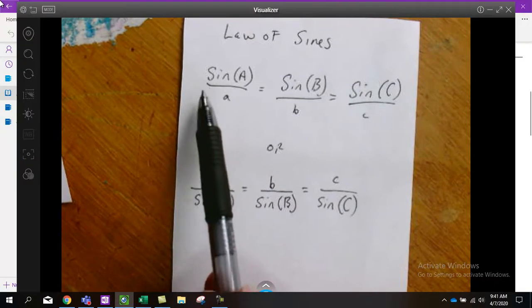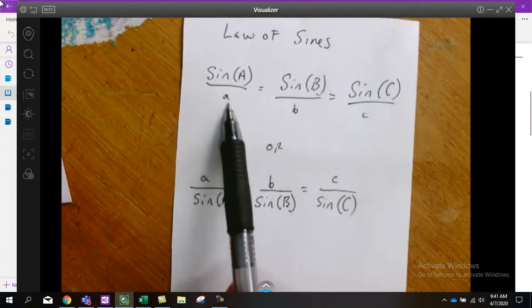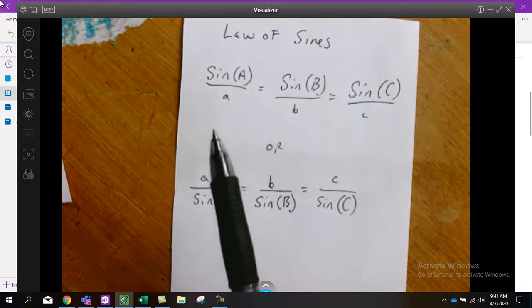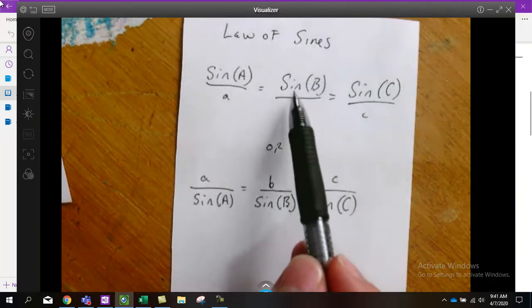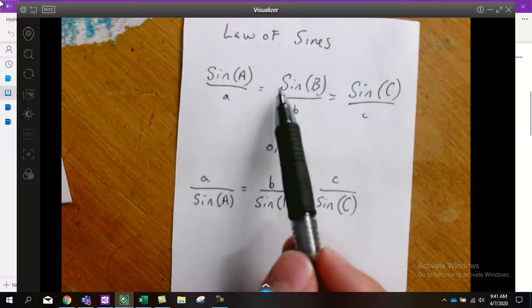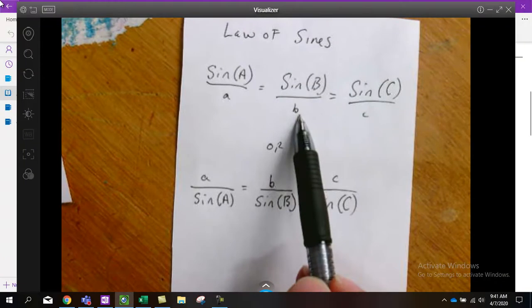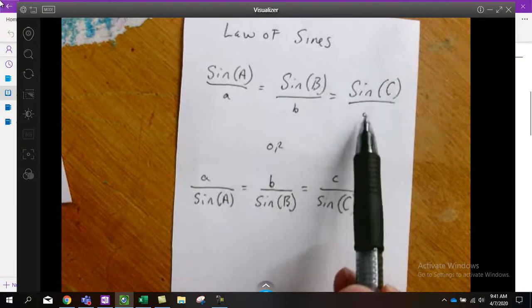The law of sines says that if you take the sine of an angle divided by the opposite side of any triangle, this will be true for that given triangle with every single side and angle comparison. So the sine of capital A over little a will be equal to the sine of capital B over little b, or I can say it's equal to the sine of capital C over little c.